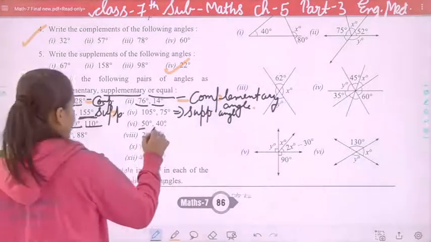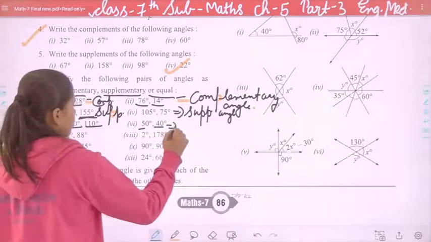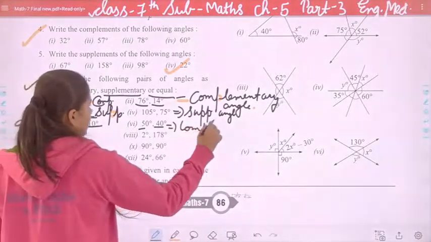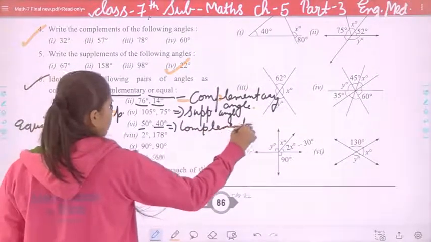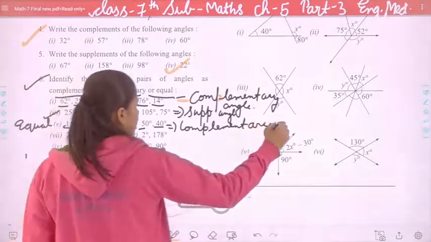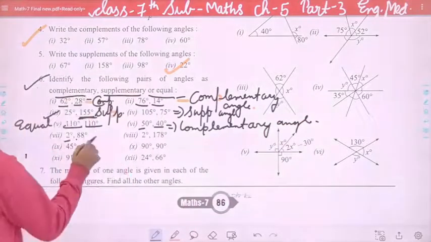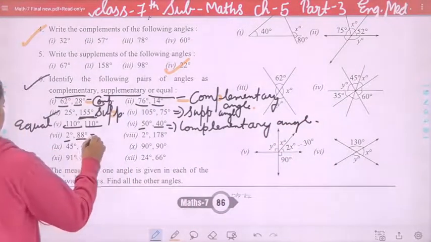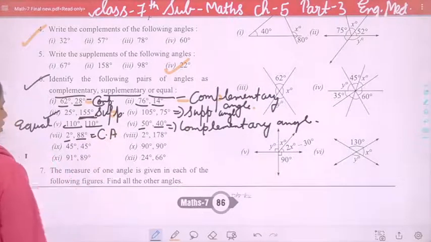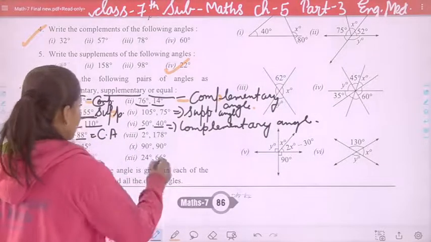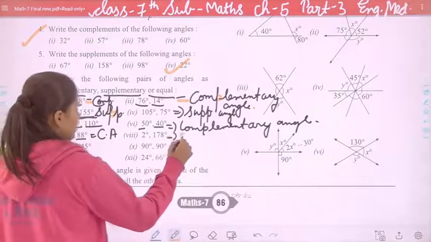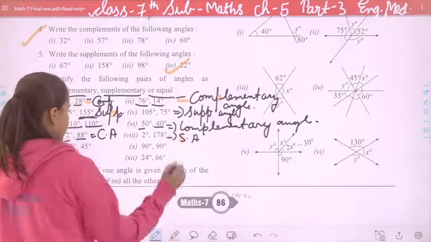Next 50 and 40, that is known as complementary angle. Right? Now move to the next, 2 and 88. Again complementary angle. 2 and 178, that is supplementary angle.